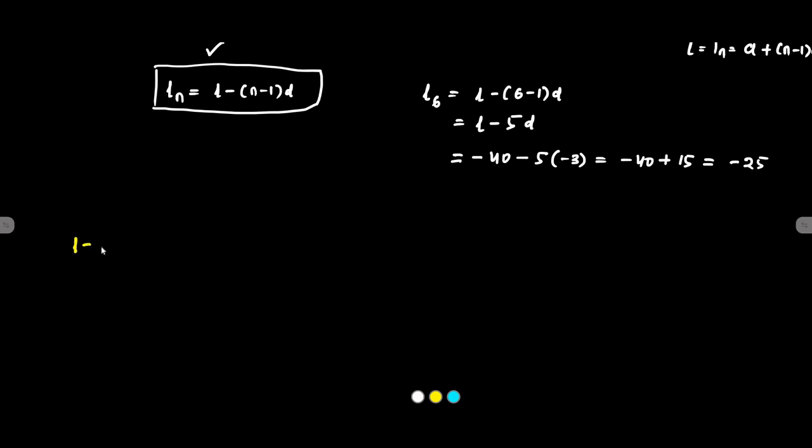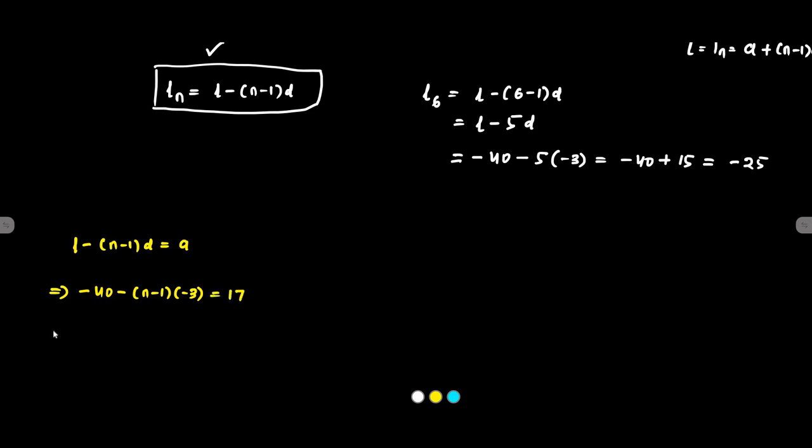L minus n minus 1 d is equal to A, which is equal to 17. So here the last term is minus 40. L minus n minus 1 into d, the common difference, which is equal to minus 3, that is equal to 17.